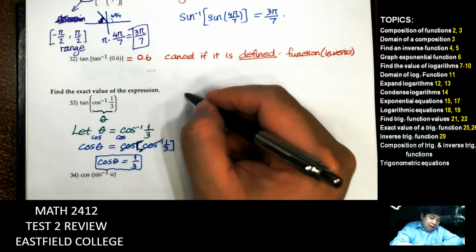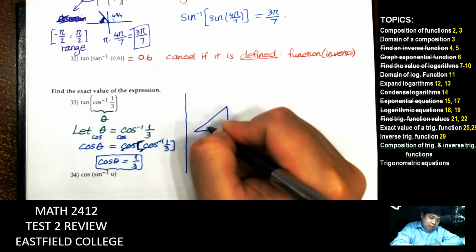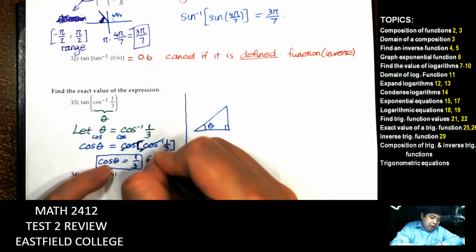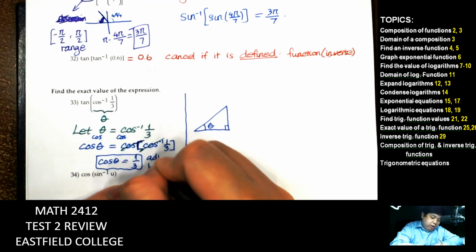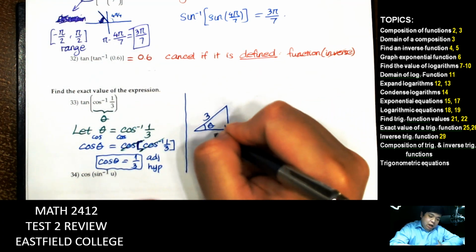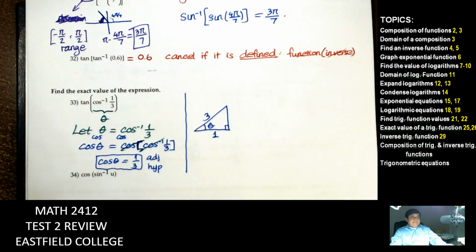Of course, when we have that, we can draw a triangle. Cosine is adjacent over the hypotenuse. So hypotenuse is 3, adjacent is 1. Just need to find the missing length here.